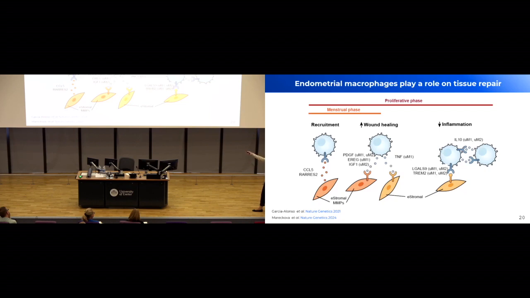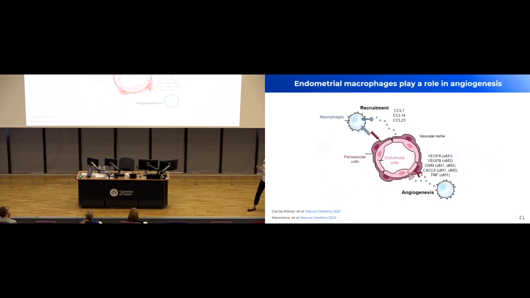We see that they are recruited during menstruation, where there is physical damage and the tissue is being destroyed, and they start producing a lot of factors that are important for wound healing. And then, as the regeneration goes on, they start decreasing inflammation, which is relevant for the scarless differentiation of the endometrium, which needs to happen without inflammation.